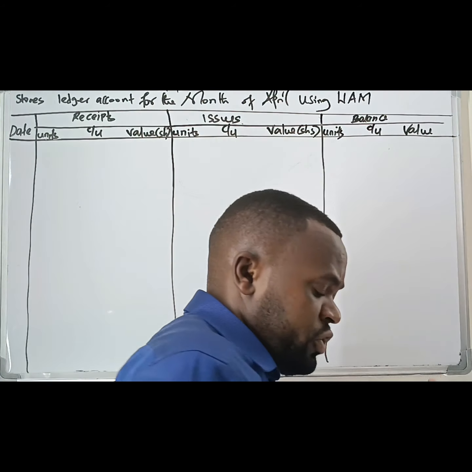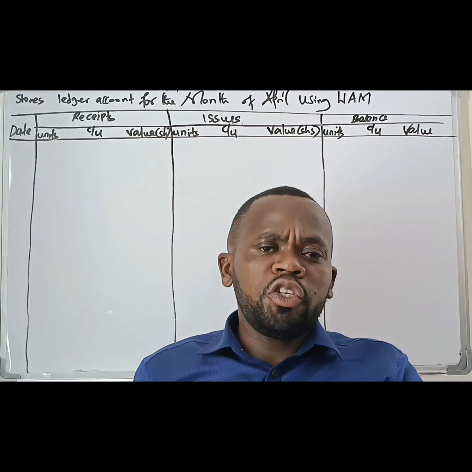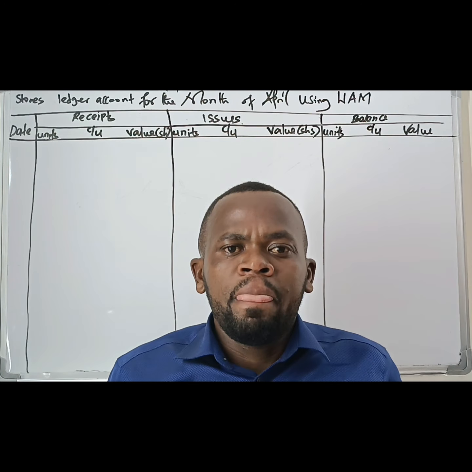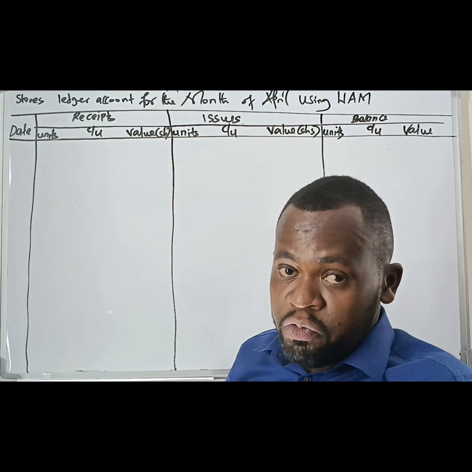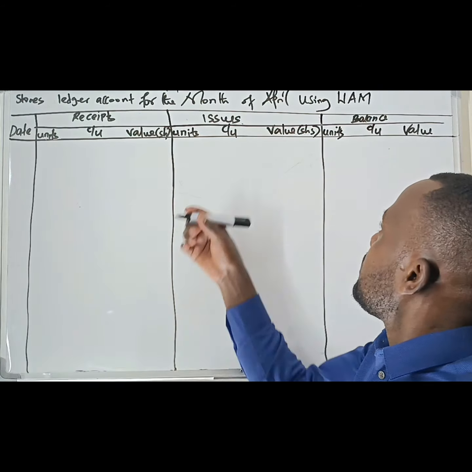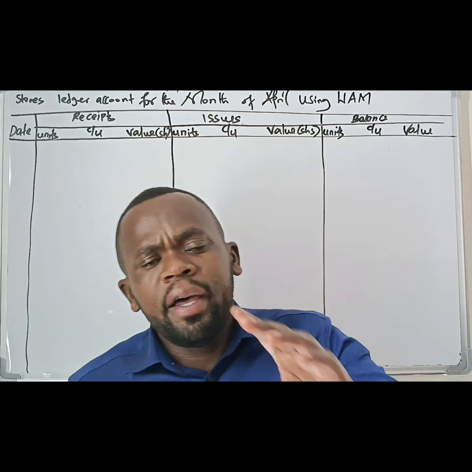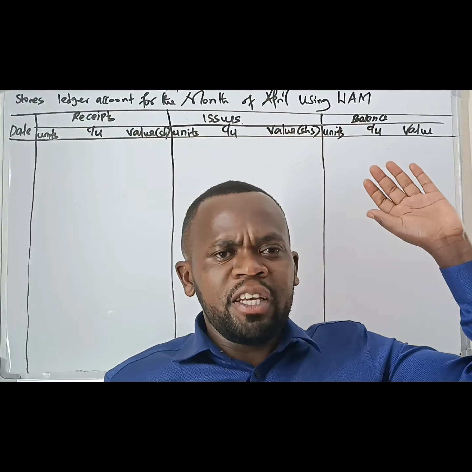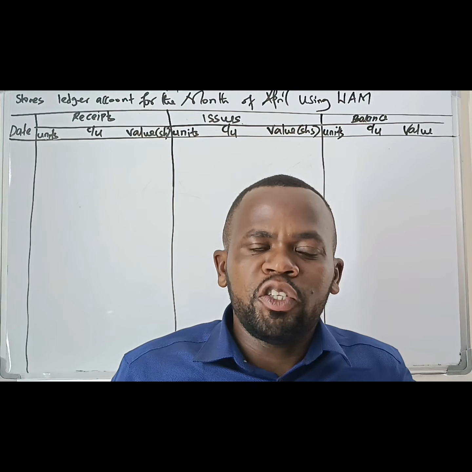I want to tell you where to start. For each and every stores ledger card, if you're preparing for the month of April, for example, in this case it's April 2022, if the company has been in existence, you had transactions for the month of March.